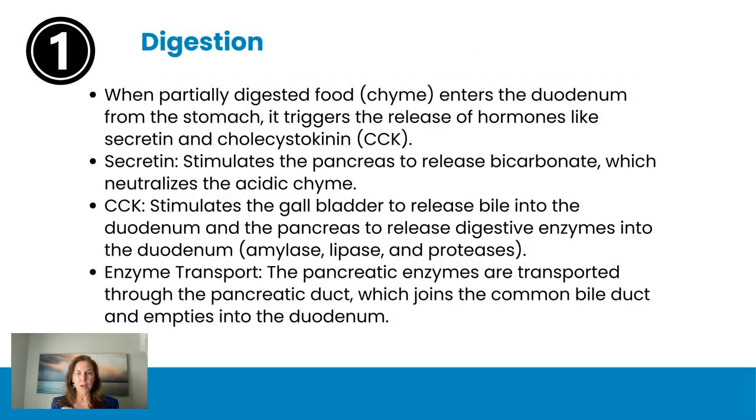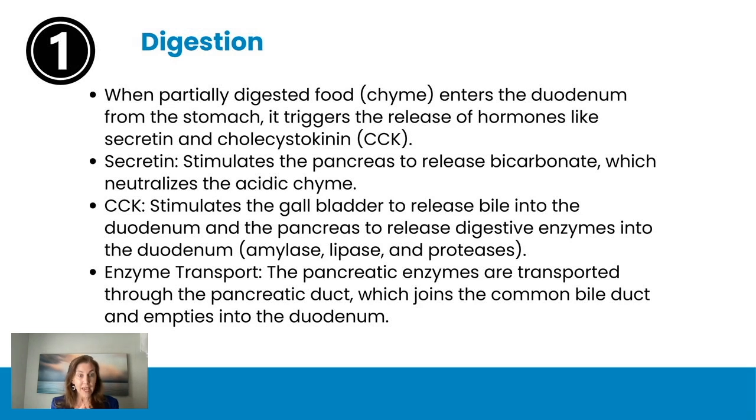So food from the stomach now enters into the small intestine. And this, just the entrance of the food, it causes a hormonal reaction. So we have secretin and cholecystokinin are released. The secretin stimulates the pancreas to release bicarbonate, and that is what's going to neutralize any acid that's left over in that chyme so it doesn't injure the small intestine.